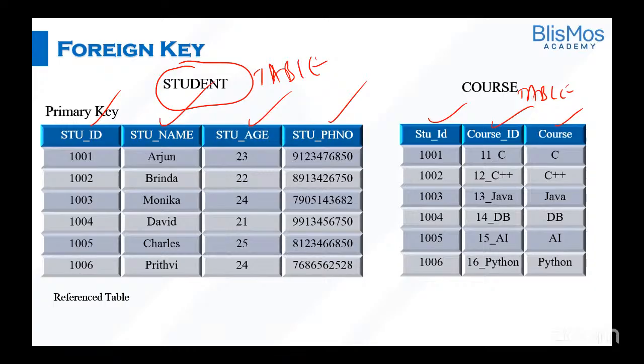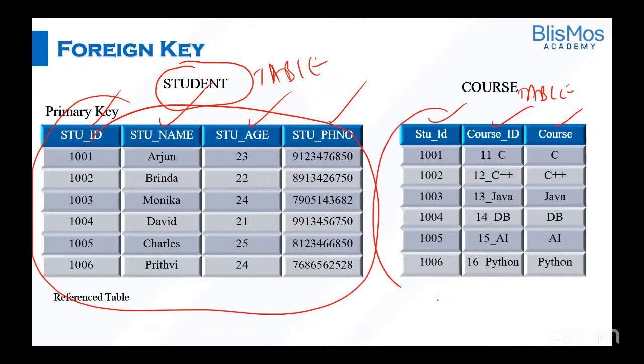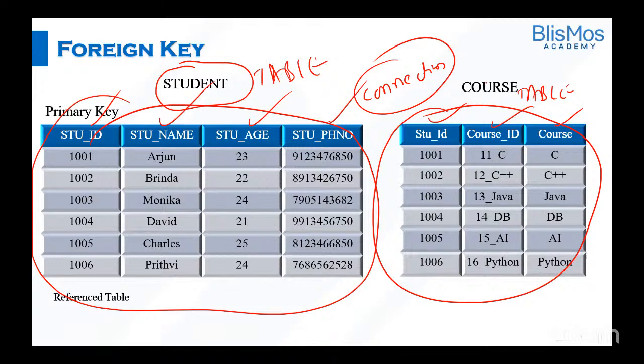Absolutely. So the point here is, until and unless we have a connection between these two tables, I will not be able to fetch the data of one table from another table.